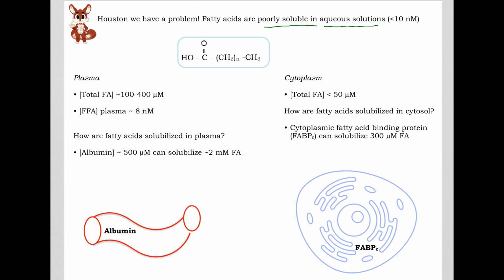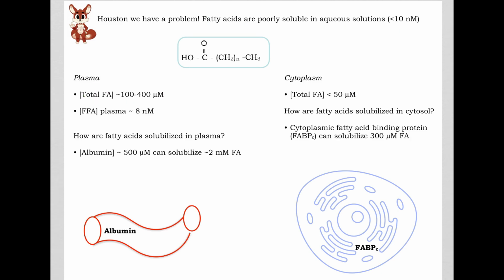So for example, a typical fatty acid has a solubility in water of less than 10 nanomolar. But the concentration of total fatty acids, for example, in your bloodstream, in your plasma, is about 100 to 400 micromolar. So remember, this is nanomolar. This is micromolar. Micro is 1,000 times greater than nano.